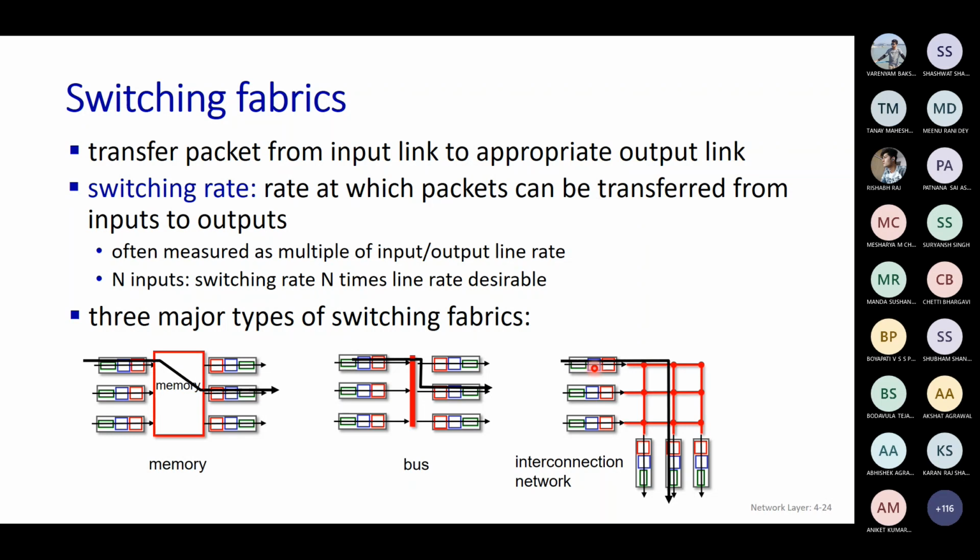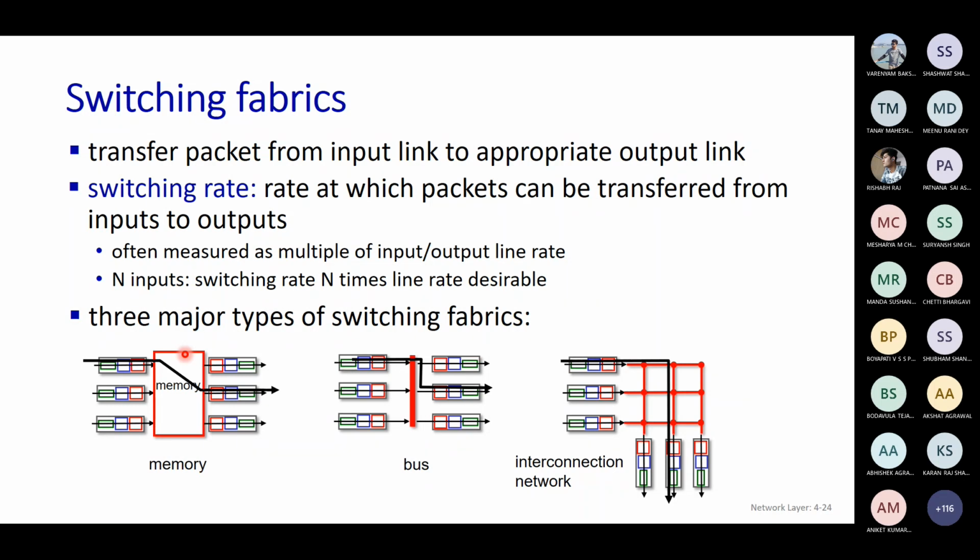First generation, second generation and third generation. These are the three generations. So the first generation of switch fabrics was something like this. That means the switch fabric itself is simply a memory. So what does this mean?